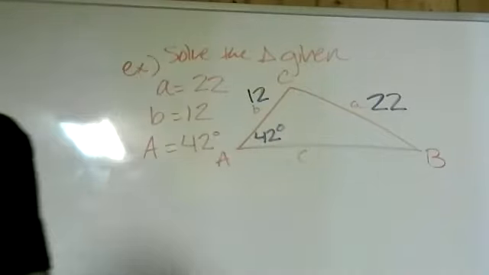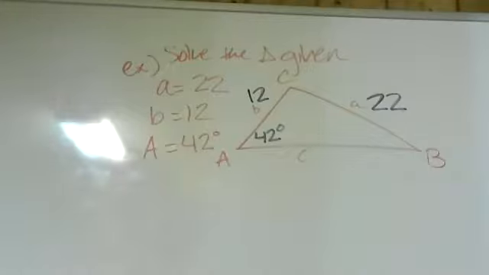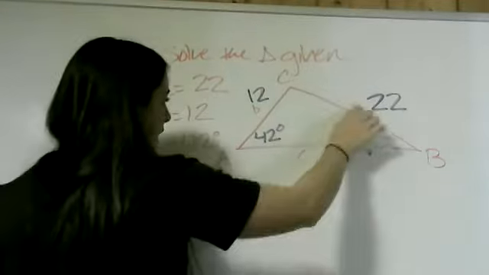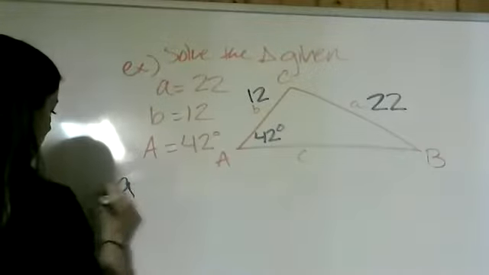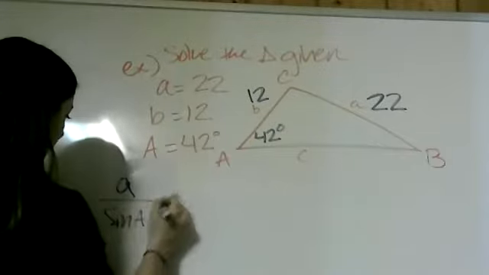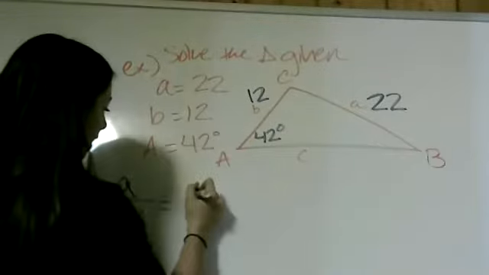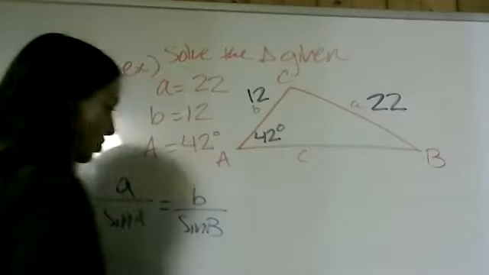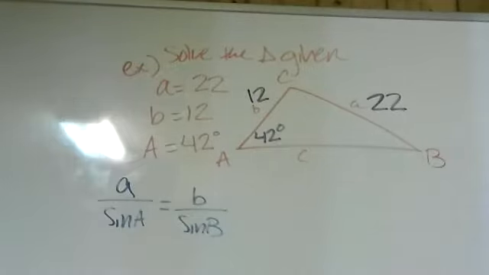Okay, so starting off right here, I do have a corresponding pair. So I do have the same ratio for A and A. So what I do know is that I have A over sine A. Another thing I have is my B value, but I do not have my angle measure. So this was a little bit different.